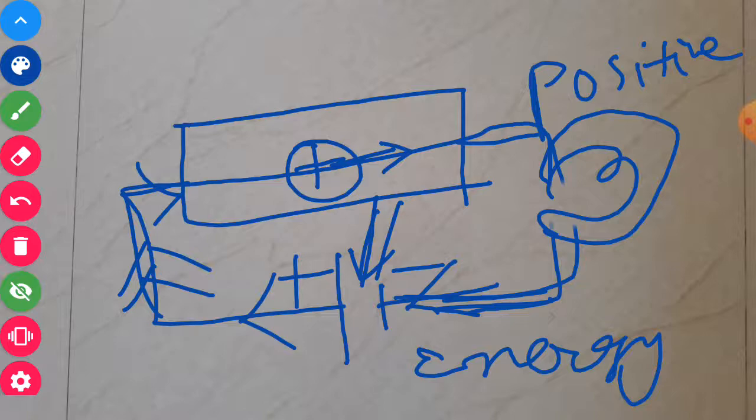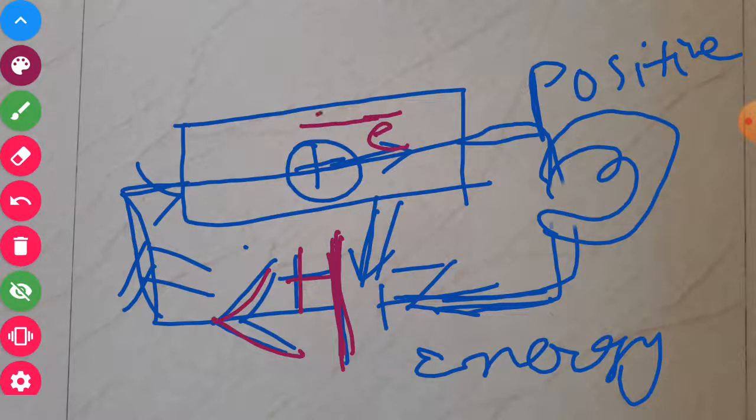So positive charges were believed to move in the circuit, but after the discovery of electrons, they found that it is not the positive charge but the electrons that are moving. Positive charges were taken to be moving from the positive terminal of the battery to the negative terminal. Now electrons were discovered and found to be moving from the negative terminal of the battery to the positive terminal.